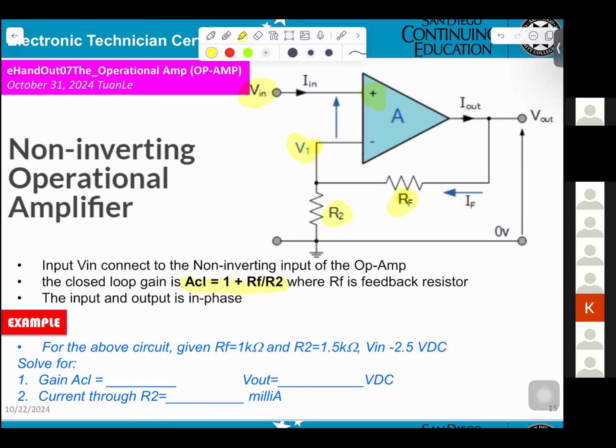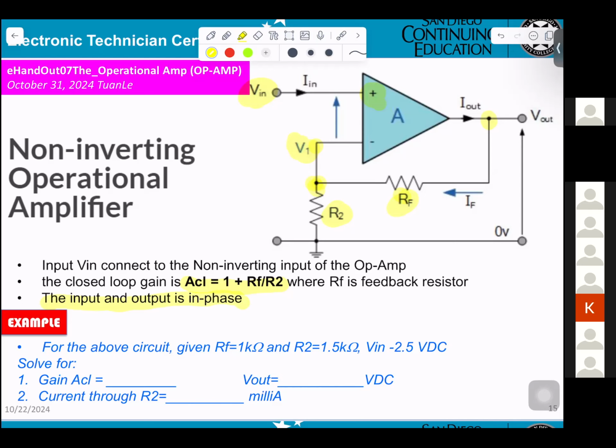RF is a feedback resistor because they connect it from the output to the input. Input and output will be in phase. That means if you get a positive coming in, you get a positive output, and if you get a negative input, you get a negative output. Input and output are in phase, not out of phase.